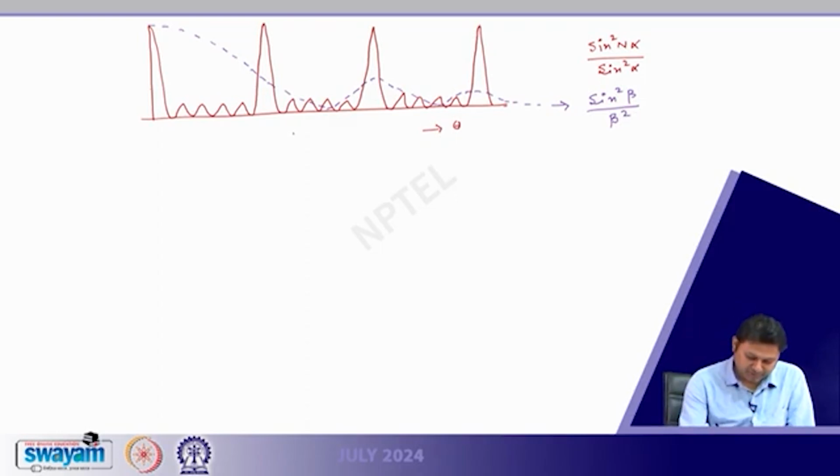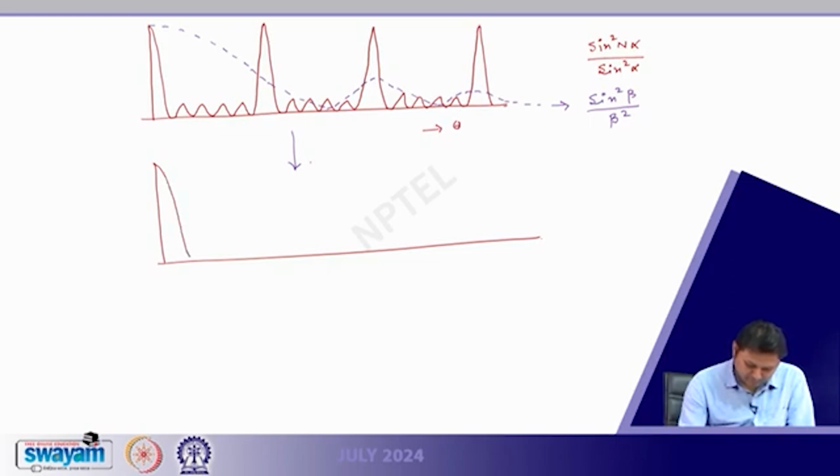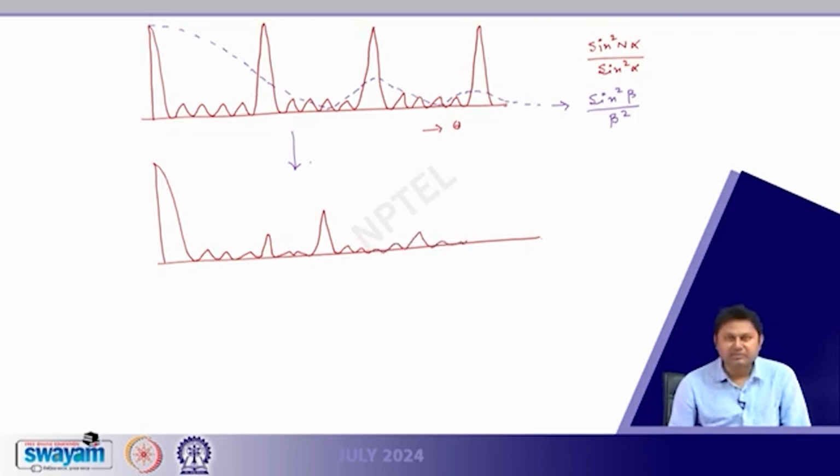So how will the overall spectra look like? So it seems we have something like this, an overall spectra one can expect, which is a combination of these two.